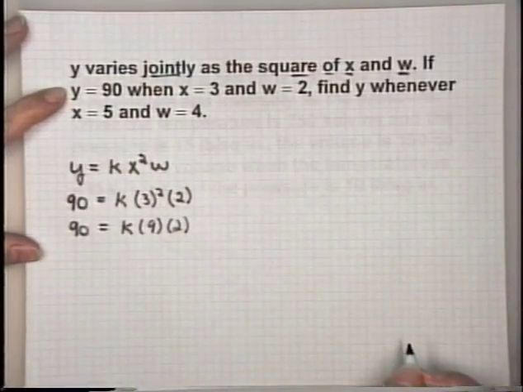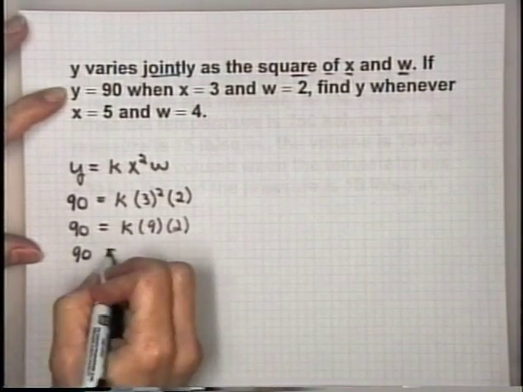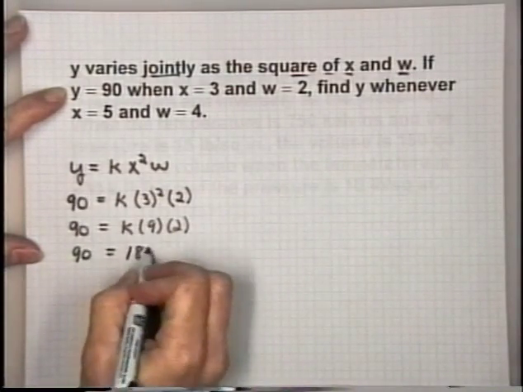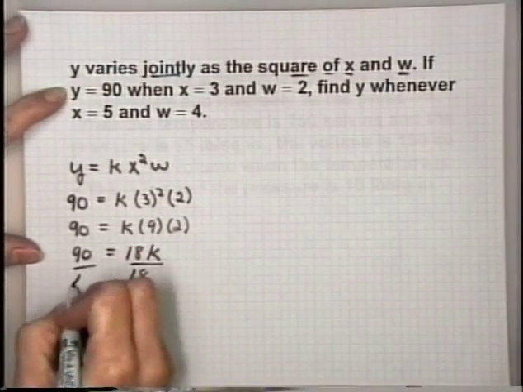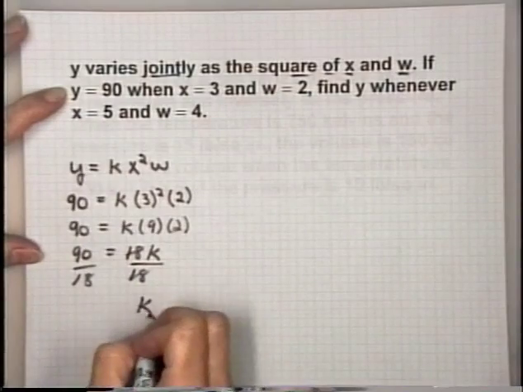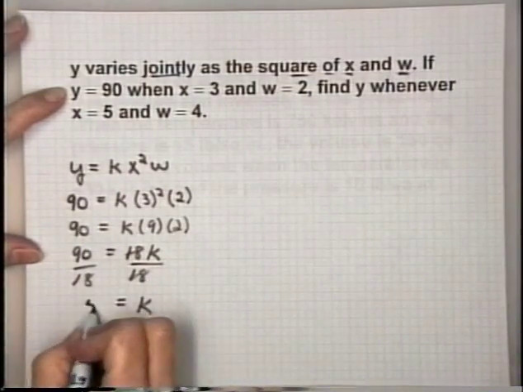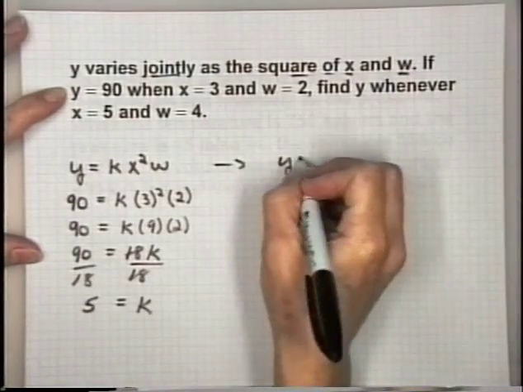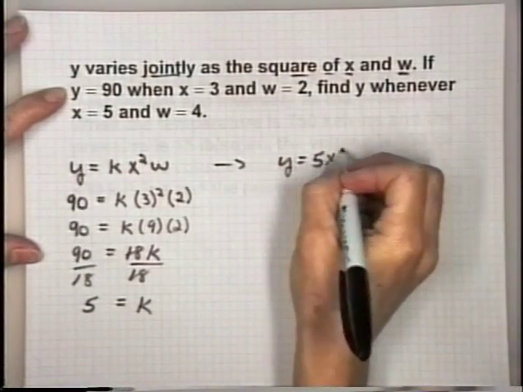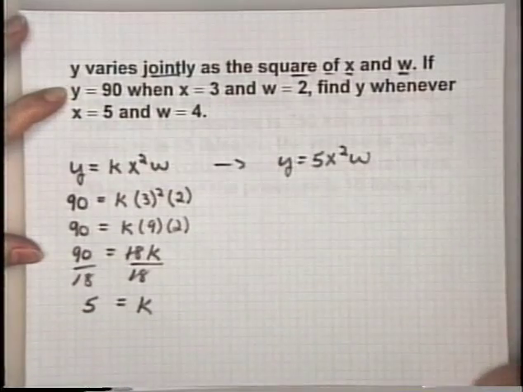Recall we do exponents first. 90 equals 9 times 2 is 18 times k. Dividing both sides by 18, I have k equals, let's see, won't that be 5? So again, I can rewrite my model. y equals 5x squared w.